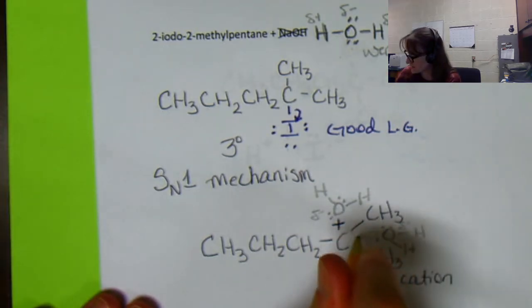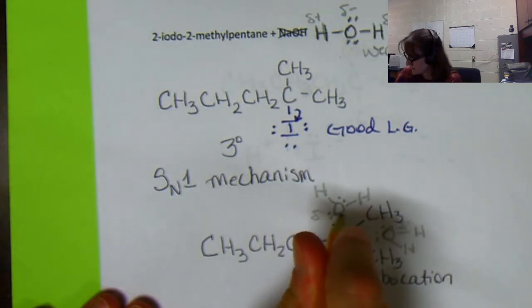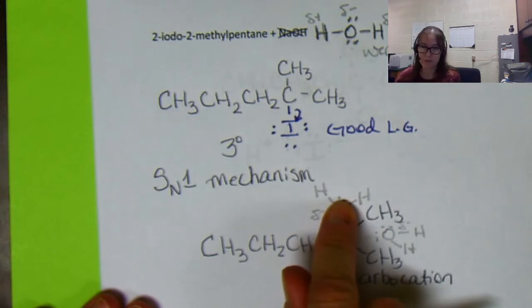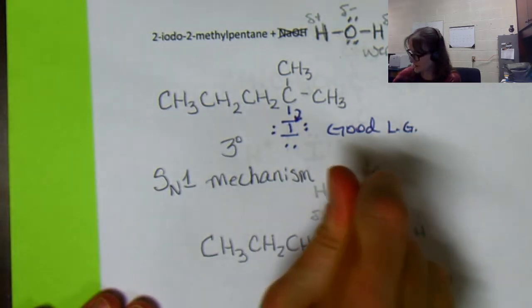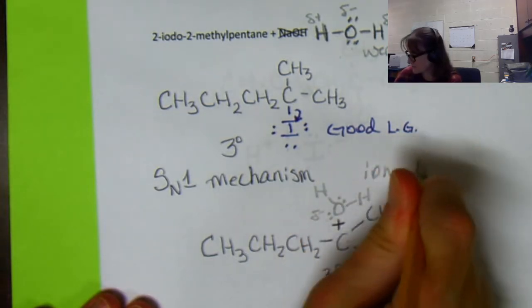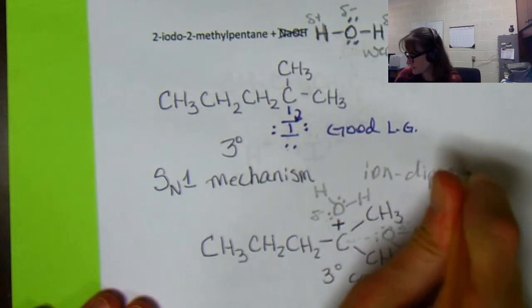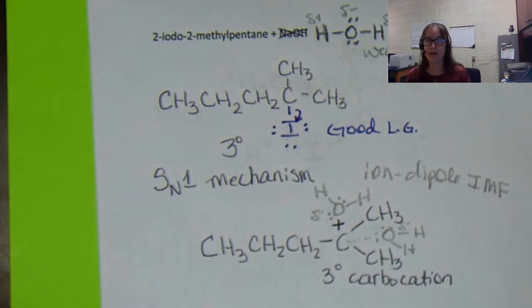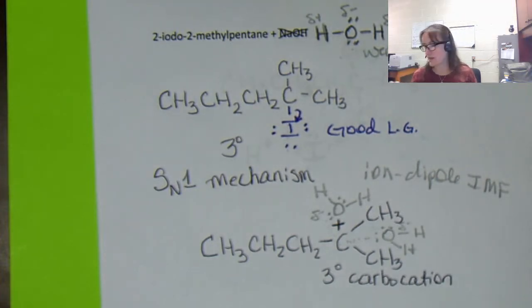And so there's going to be an ion dipole intermolecular force. That helps stabilize it. And why it's important to be stable is if it's not stable, it will not form.